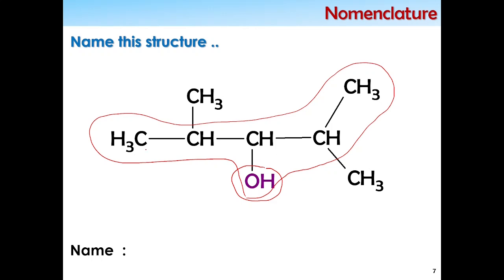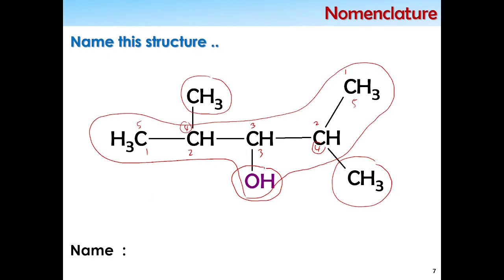You can count from the left, 1, 2, 3, 4, 5, or you can count from the right, 1, 2, 3, 4, 5. Now let's see the substituents. You have one substituent and two substituents attached at the same carbon, carbon number 4. So whether you count from the right or from the left, it is the same. It doesn't matter for this one. Let's say we count from the left.